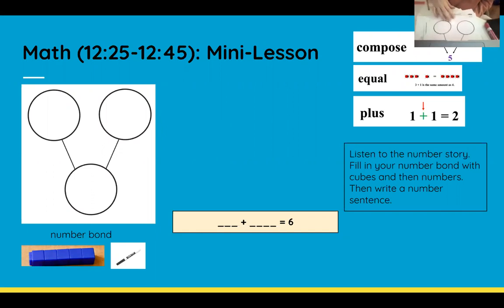Can you show that with your cubes? You put 1 in the ground and 5 in the tree. How many did they have all together? Move your cubes and then use numbers to show what you came up with.